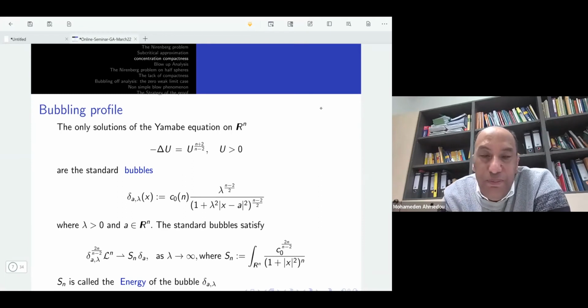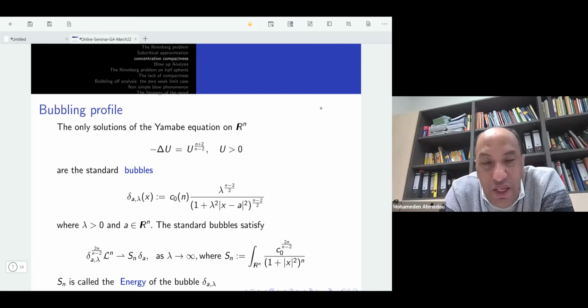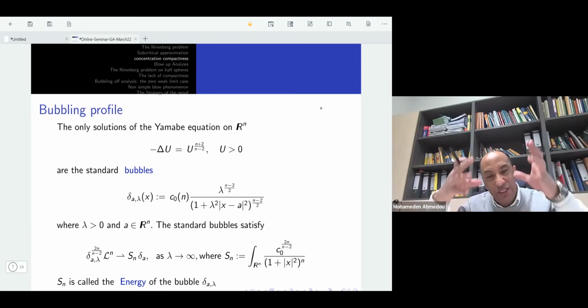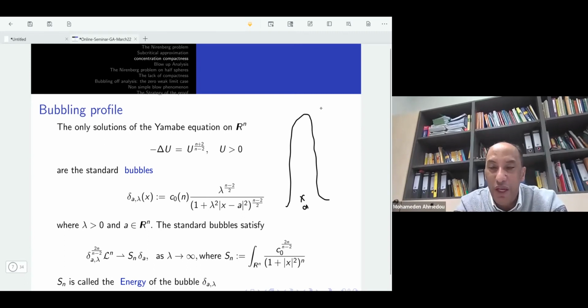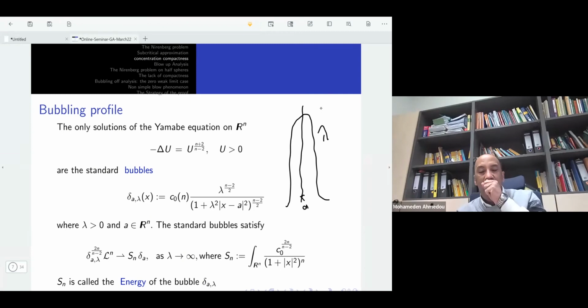This equation can be classified, and all solutions can be parameterized with n plus 1 parameters. You have the location, A, the location of the bubble, and then the height of the bubble. So these are bubbles with a center and a height, and this height can be very, very large.